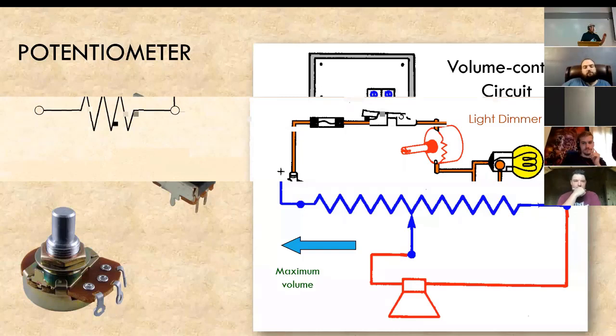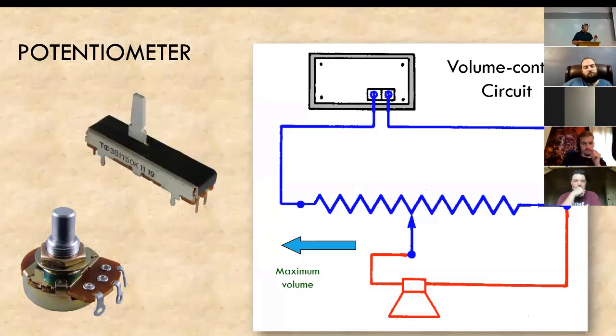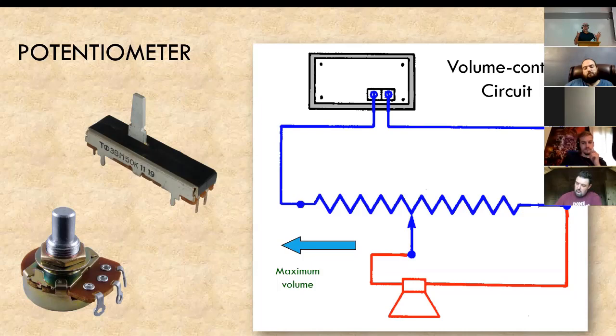Here I'm using the same device, but in a different way. Rather than actually limiting the current, because obviously if I'm changing the resistance in a circuit, that causes me to change the current that can flow in the circuit. And by controlling the current that's flowing in the circuit, that causes the load to work more or less.